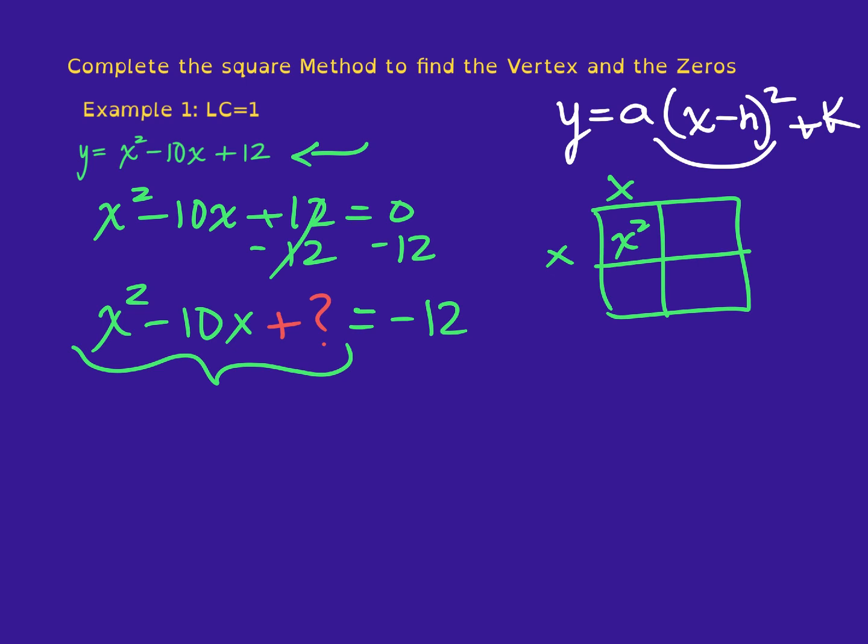Now I'm going to take my middle term here, negative 10x, and I will split it in half, because if I want to create a perfect square, it has to be negative 10 divided by 2, which turns out to be negative 5 and negative 5. And yes, if you have an odd number there, let's say the linear term would be negative 7x, I would have negative 3.5 and negative 3.5 on the side of my boxes.